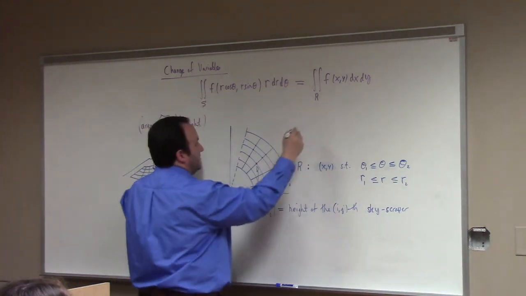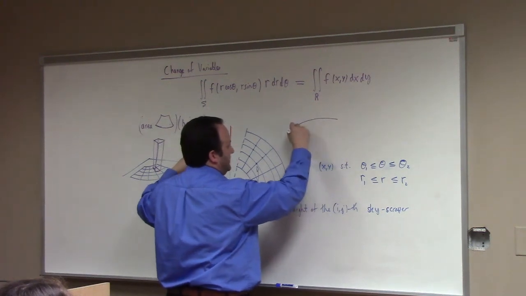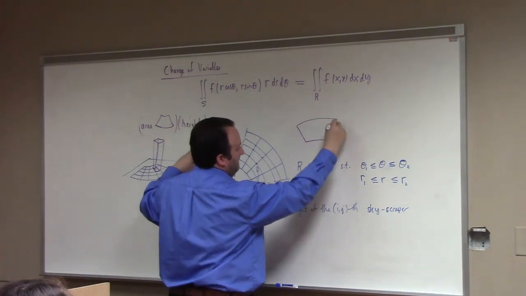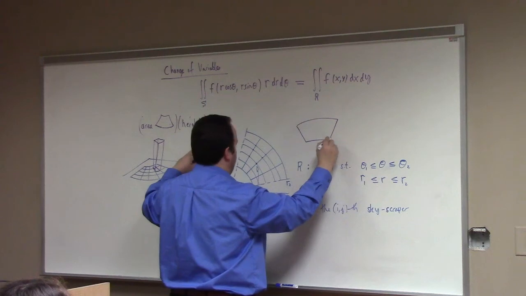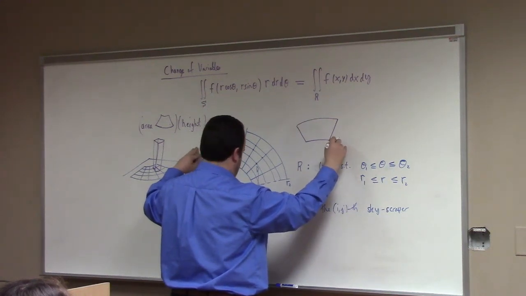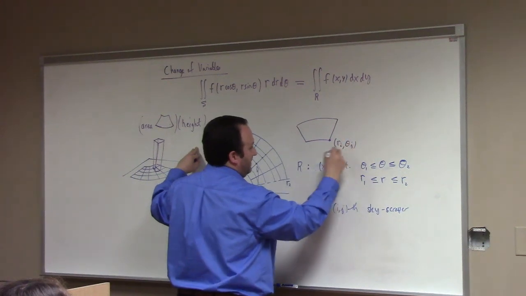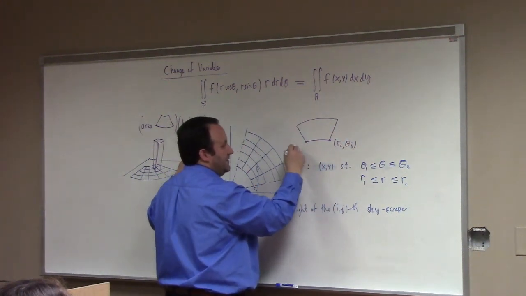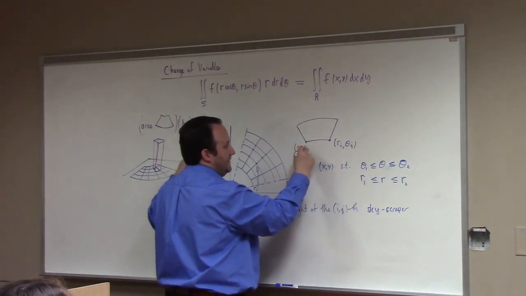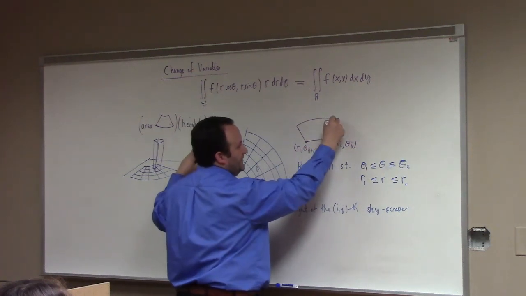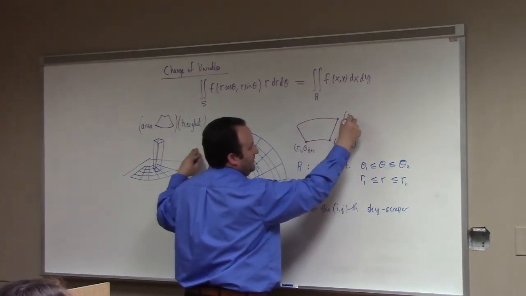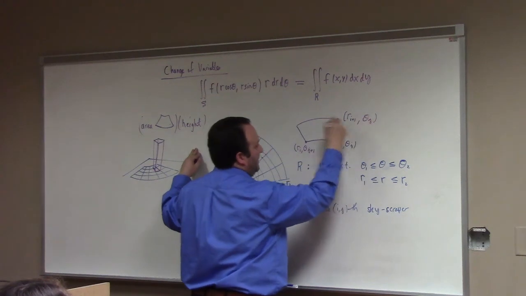So let me draw it again over here. So the sector we're talking about, right? I'm saying that this is where we have r sub i and theta sub j. Let's suppose that this over here is still r sub i and theta sub j plus 1. This right here would be r i plus 1, theta j.